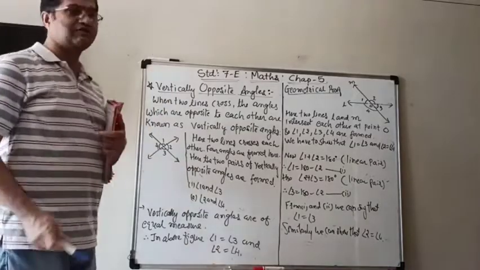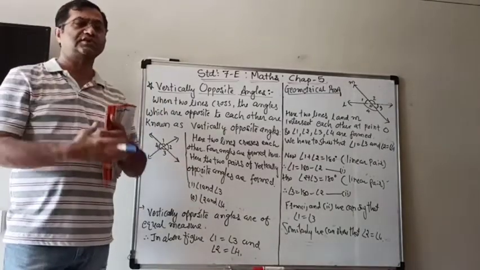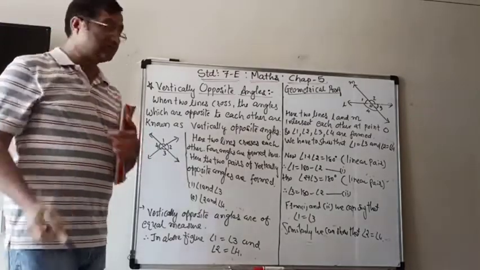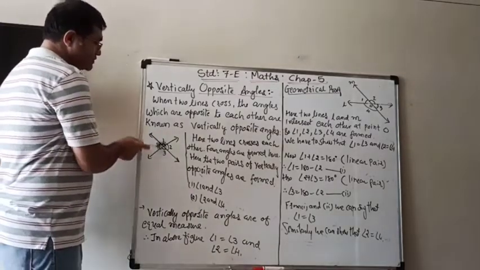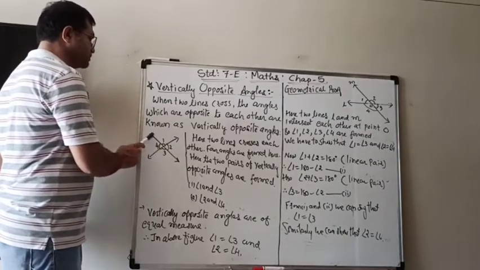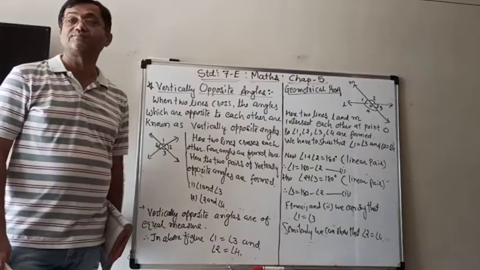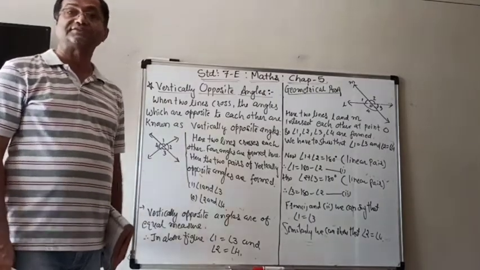Those angles which are exactly opposite to each other are known as vertically opposite angles.